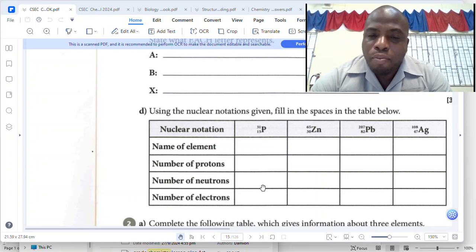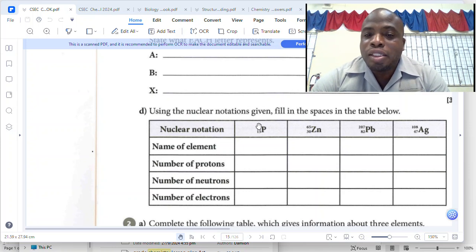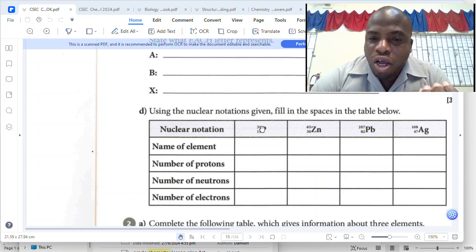So, prime example, you have 31 as the mass number, which simply means that what contributes to the mass in this 31 is the protons and the neutrons.